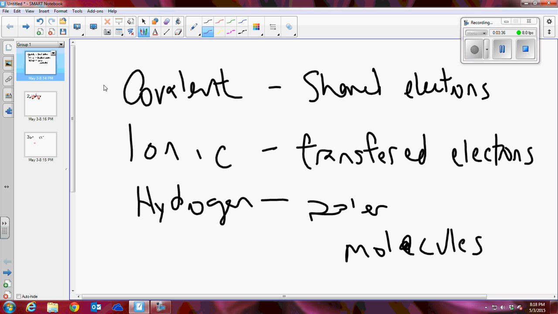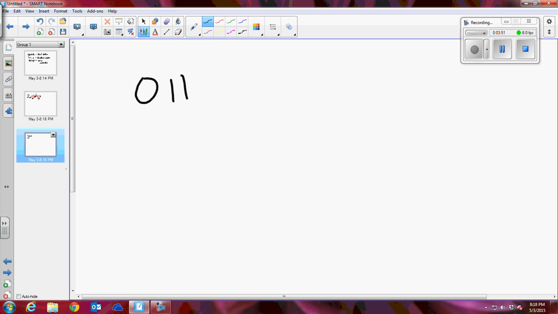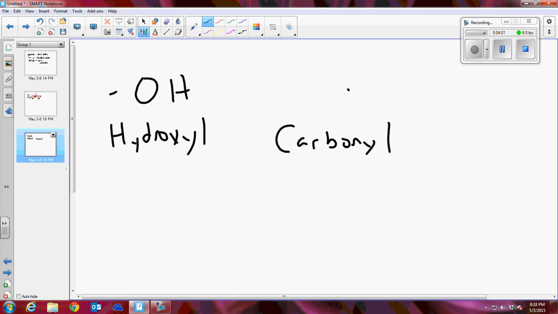We also mentioned the functional groups. It may be a beneficial thing for you to spend some time looking at those. I can just draw them up here pretty quick. The hydroxyl group, the carbonyl group. This is where you have a carbon and one double bonded oxygen, and it could be either an aldehyde or a ketone.